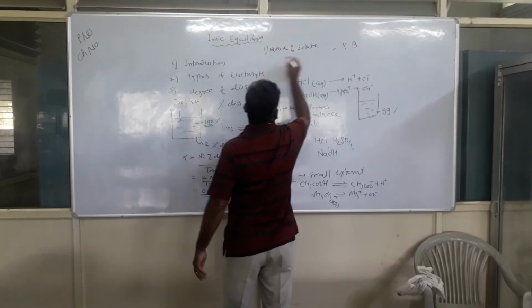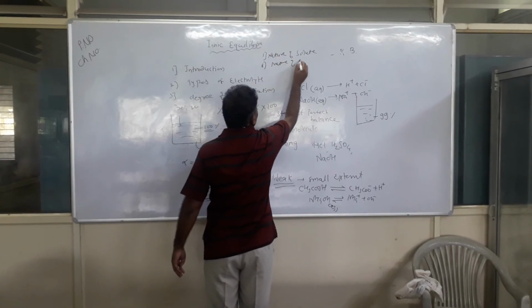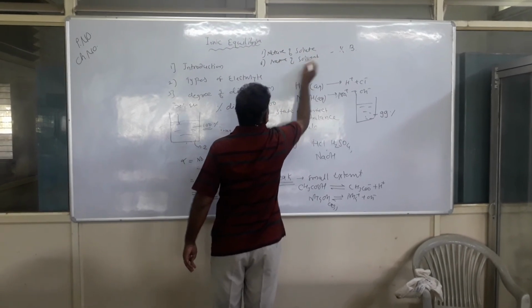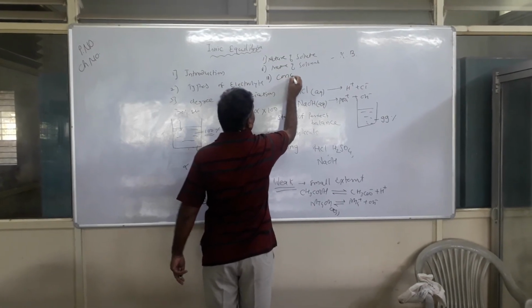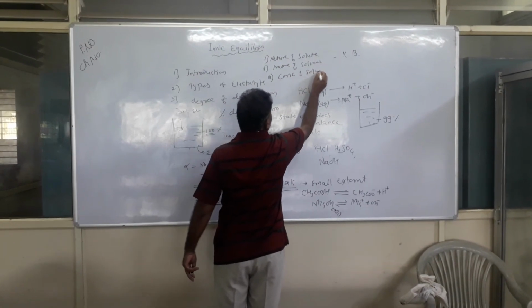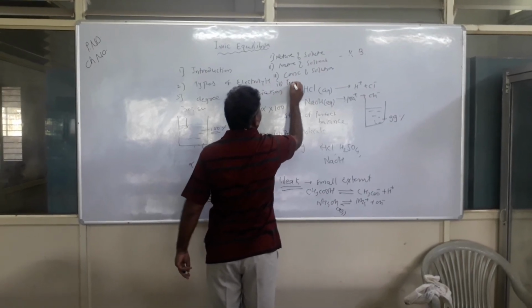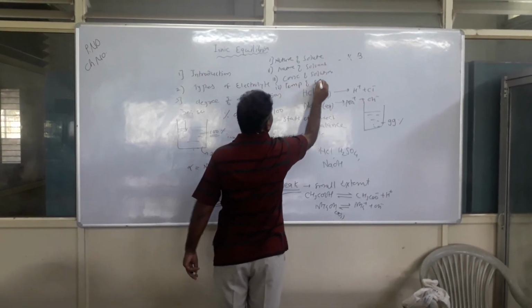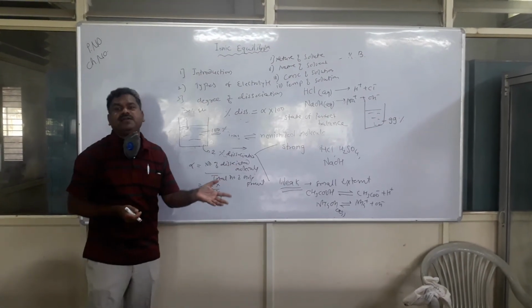The second one is the nature of solvent. The third one is the concentration of solution. And the last one, the fourth, is the temperature of solution. These are the four factors.